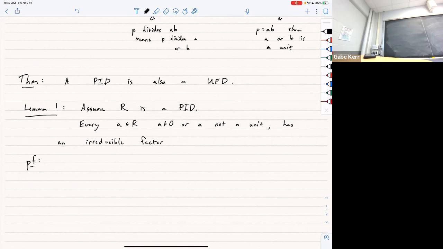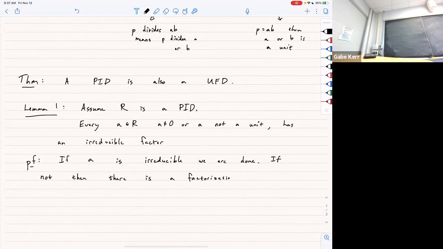So first, because A is not 0 or a unit, either A is irreducible, or if not, there's a factorization.